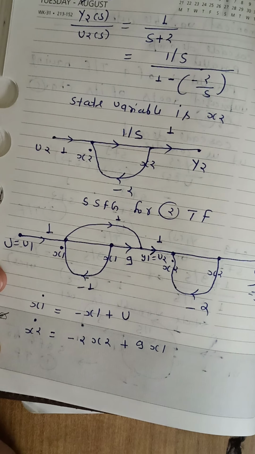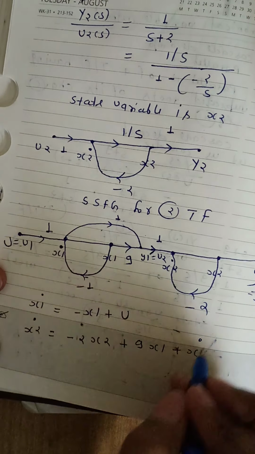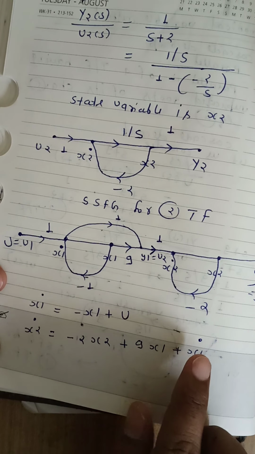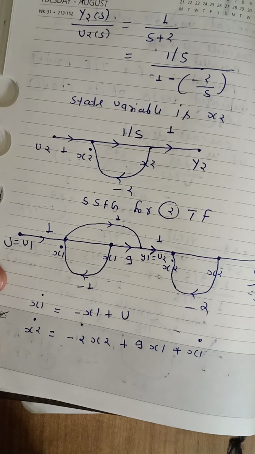plus 9x1 plus x1 dot. And we know we write x2 dot in terms of x1, x2 and the input variable, not in terms of x1 dot.